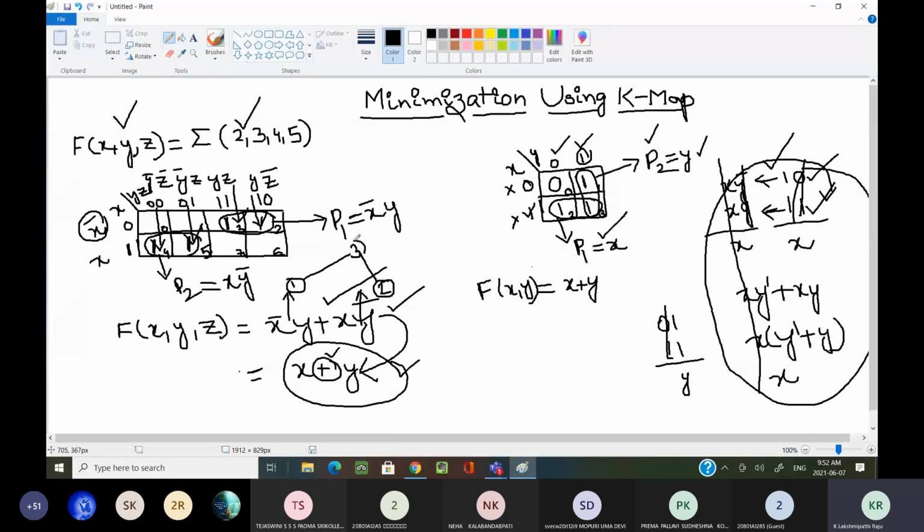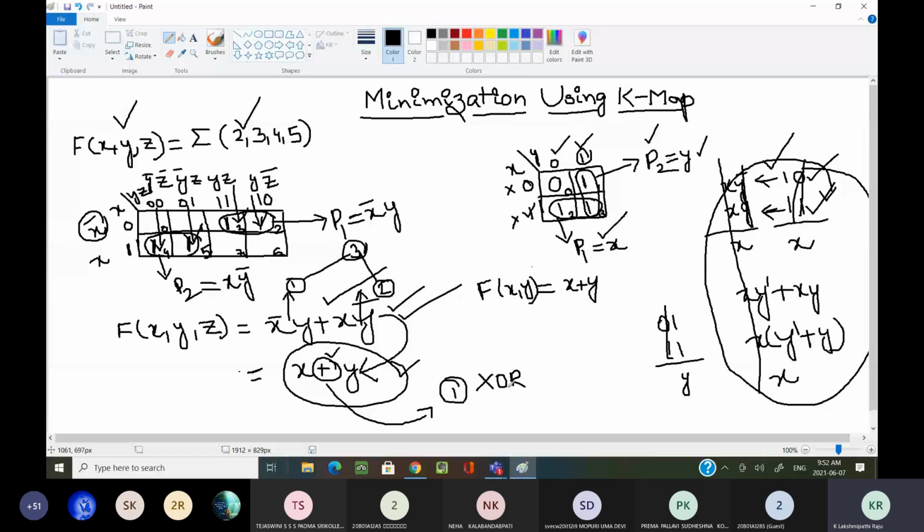How many gates do I require to design this circuit? To design this one, only one gate, an XOR gate. We are reducing the number of gates. From 3 gates to 1 gate.